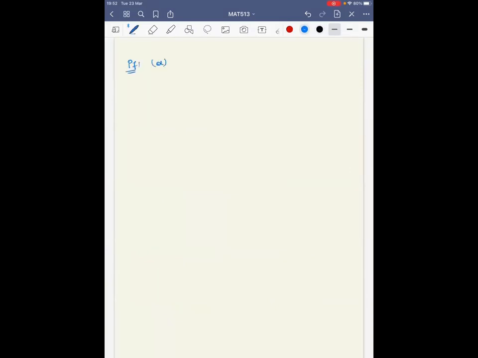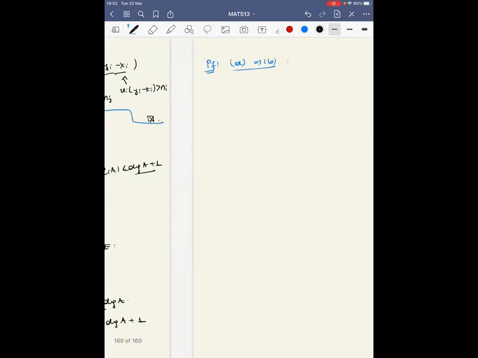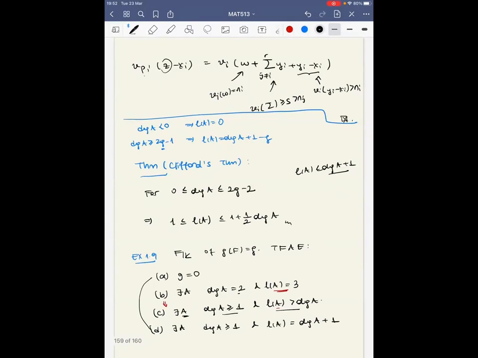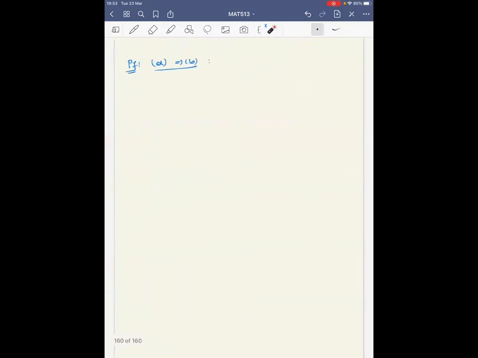First, let me show that A implies C. So that means we suppose that the genus is 0, and we will see the existence of such a divisor. To see that, in a given algebraic function field of genus g, by the Riemann-Roch theorem, we know the existence of a special divisor, which is called the canonical divisor.